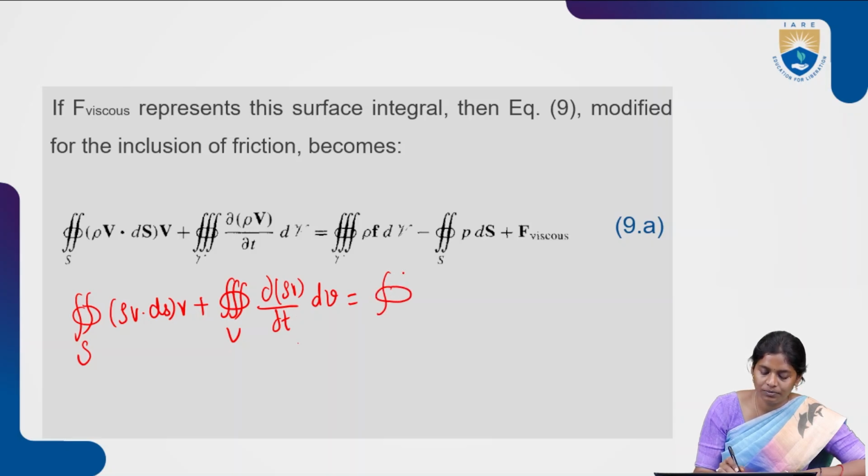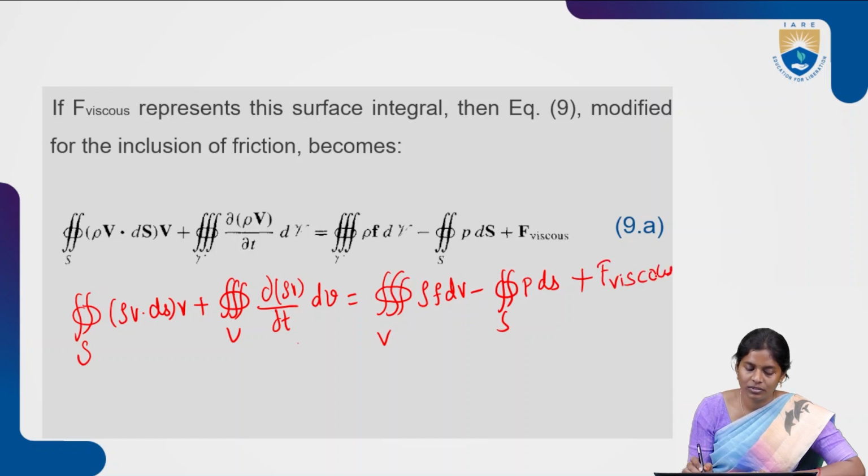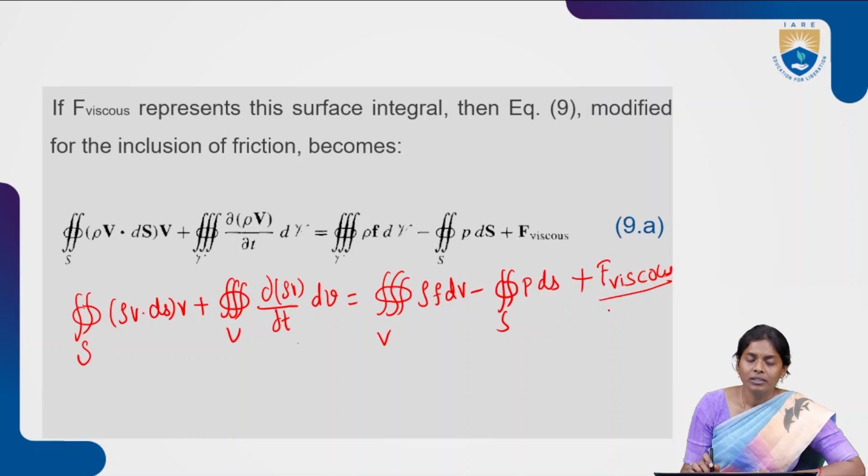That is equal to the body forces and the surface pressure acting on the surface, plus the viscous forces also. This represents the entire surface integral, F viscous, which we consider if we include the effect of viscous forces.